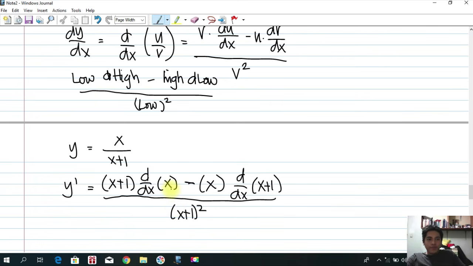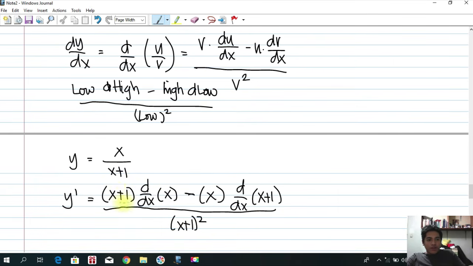So let's recap. We have here low, which is the denominator, times the derivative of high, minus high, which is the numerator, times the derivative of low, divided by the low squared, or the v squared, the denominator raised to 2. Okay?